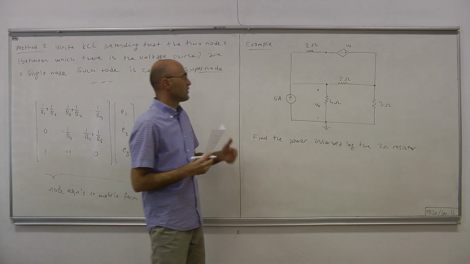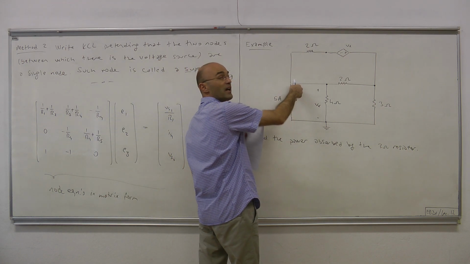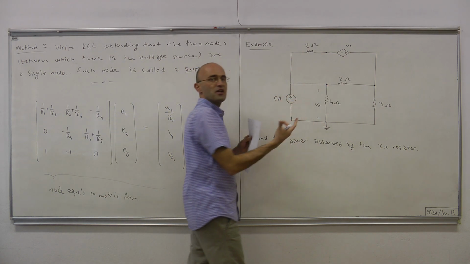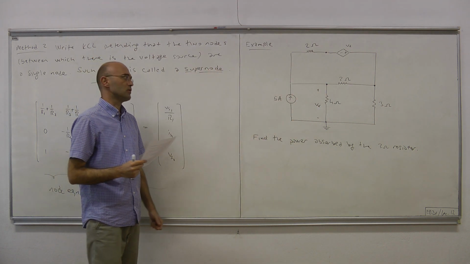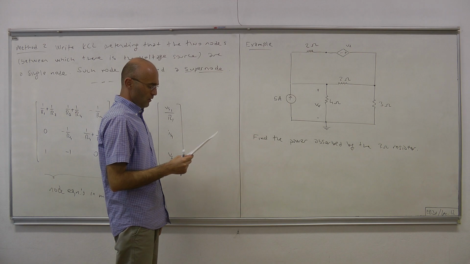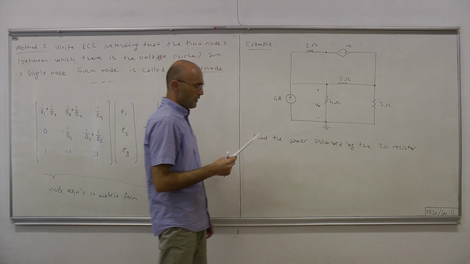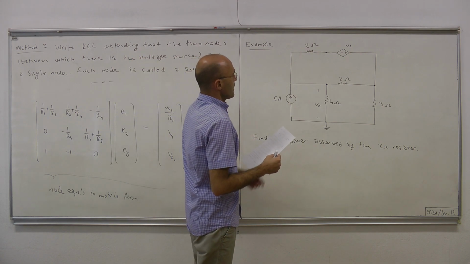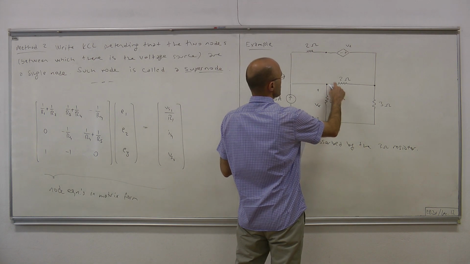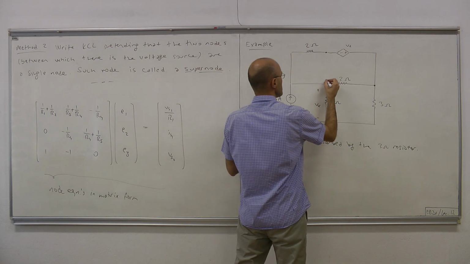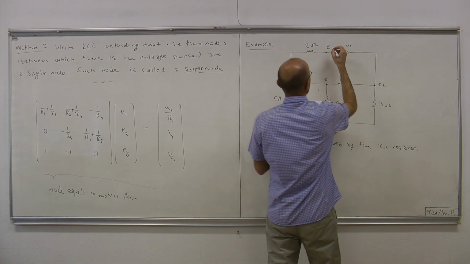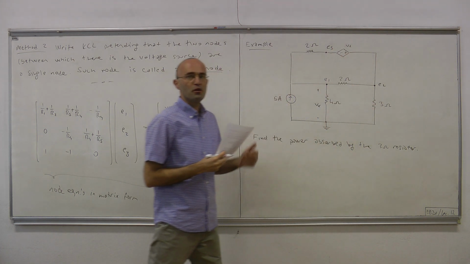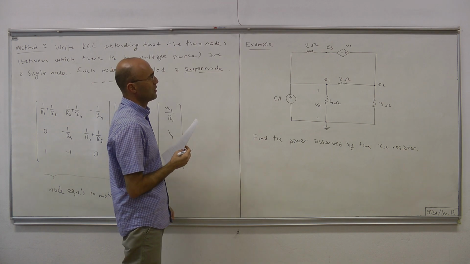Note that this node and that node, they're the same thing because they're just connected by wire. Okay, so they have the same voltage. So this is E1, this is E2, and this is node 3, and the corresponding voltage is E3.